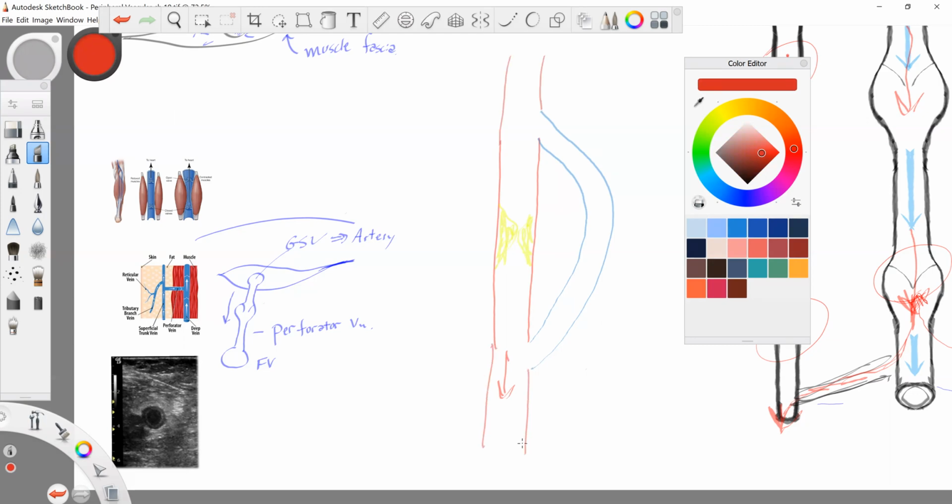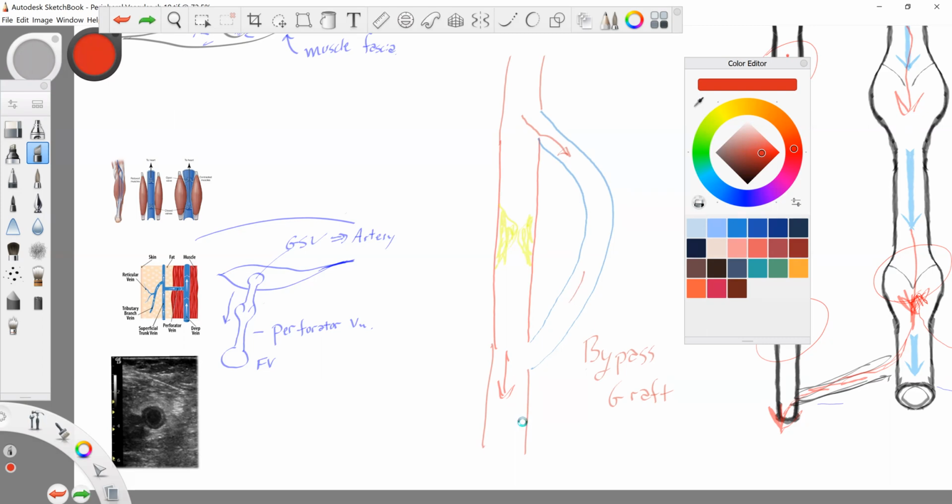So we've made this bypass graft here, and let's say we used a valvulotome so there's no valves left in there, and blood's traveling down. It's now bypassing that bad part of the vein, or I'm sorry, artery, which is all well and good.